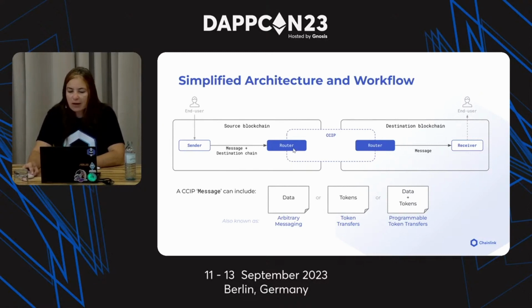Here we have the router that's receiving this, and outside we have the DON, the decentralized oracle network, that's monitoring this and sends the transaction to the router in the destination blockchain. And I am in the destination blockchain, so I don't have the destination chain anymore, but I have the message to send to my receiver contract.